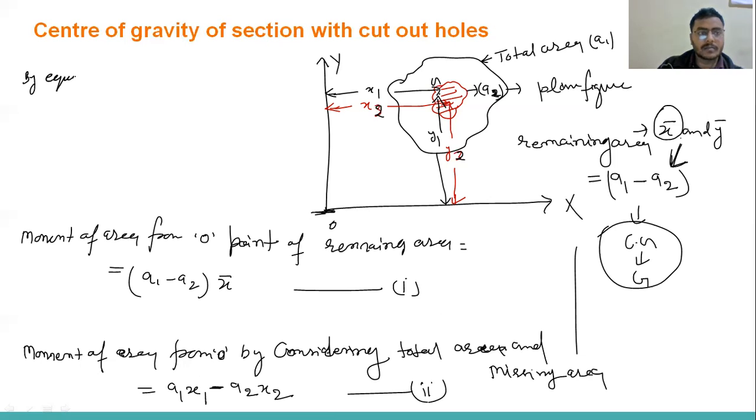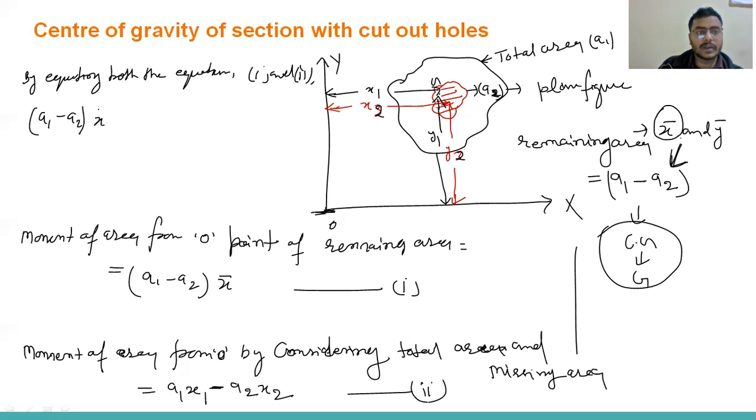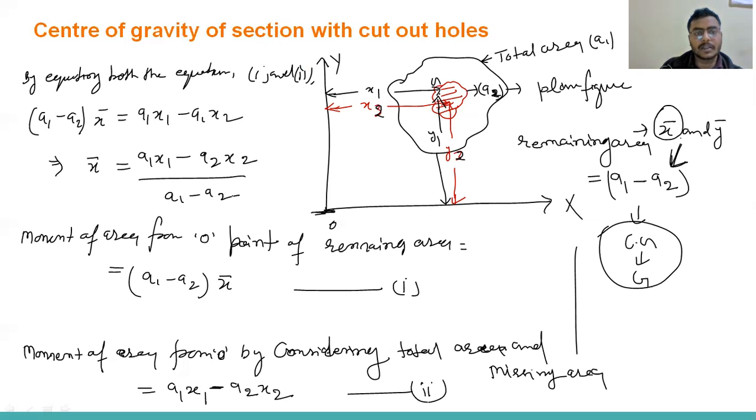By equating both equations 1 and 2, we get A1 minus A2 into X bar is equal to A1 X1 minus A2 X2. From here we can write X bar is equal to (A1 X1 minus A2 X2) divided by (A1 minus A2).